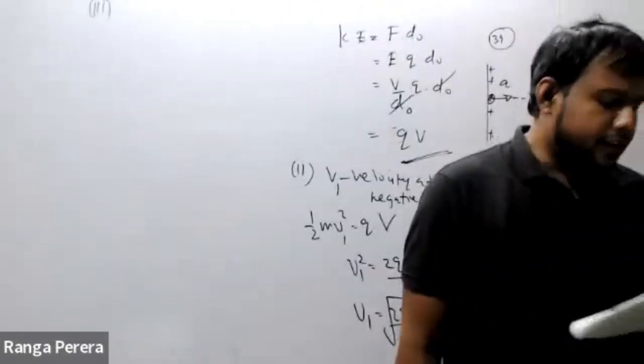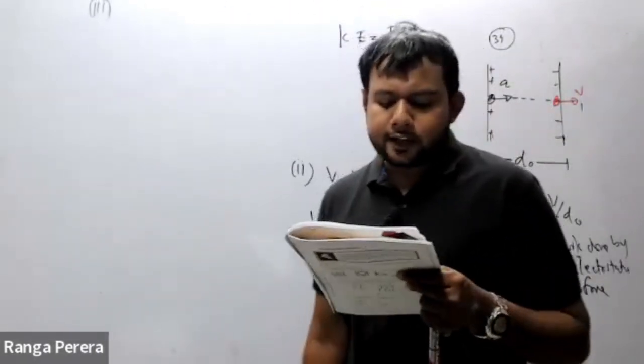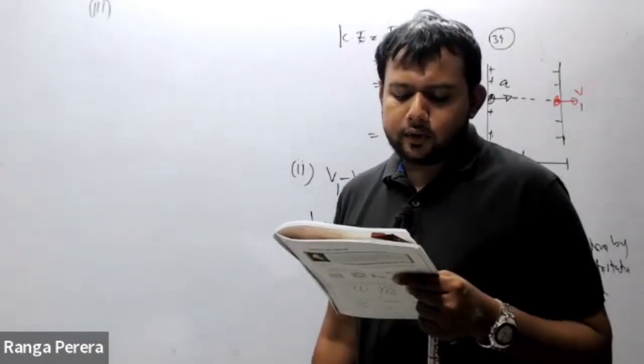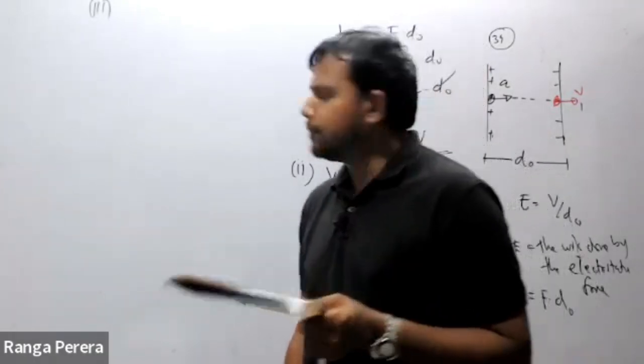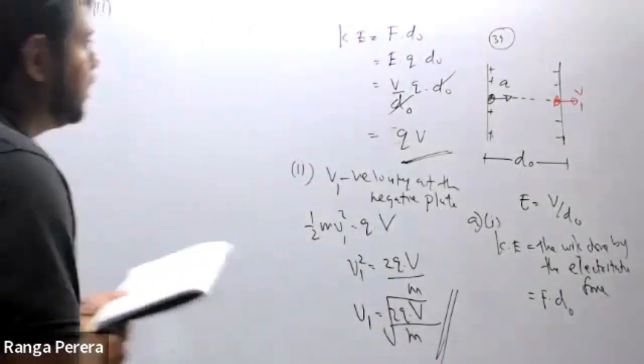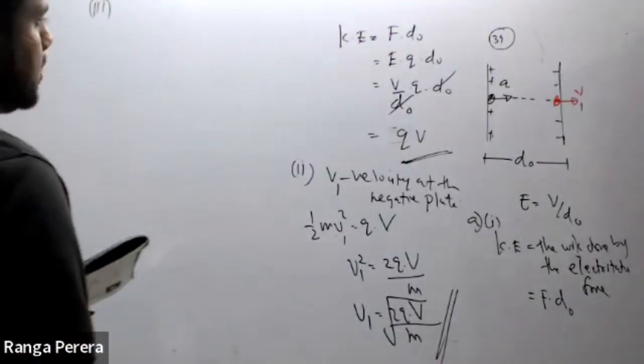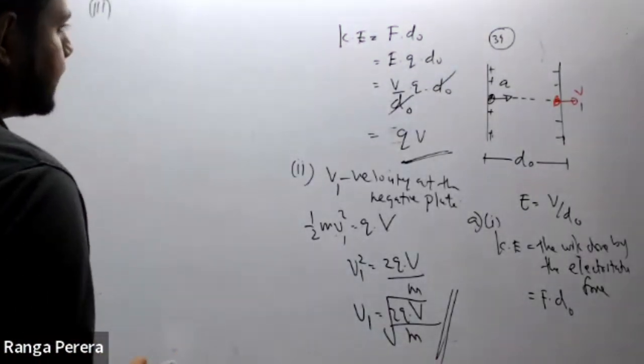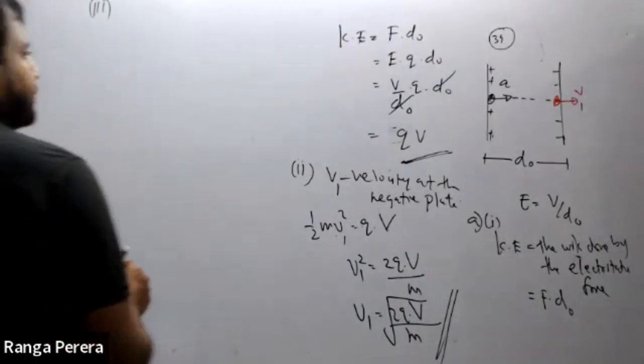If D naught is the distance between the plates, derive an expression for the time taken by the molecular ion to reach the plate B. Right, they want us to calculate the time.